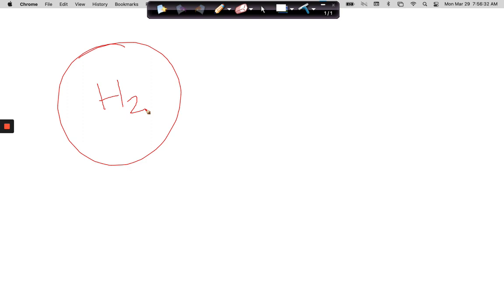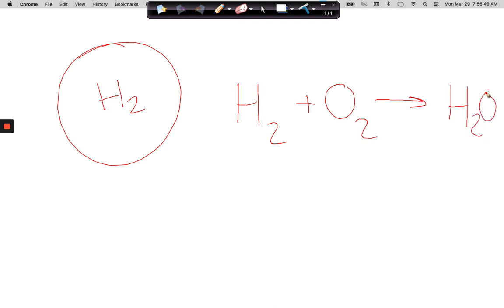How would you write the balanced equation for that? Well, guys, if you have a balloon of hydrogen and you light it on fire, what is it reacting with? Oxygen. So your other reactant would be oxygen, and this is a classic synthesis reaction, and it forms water.